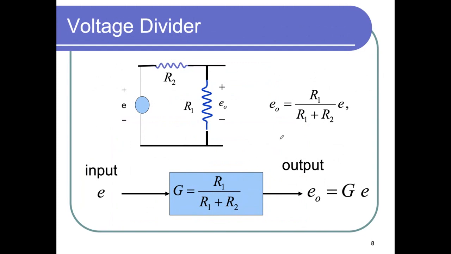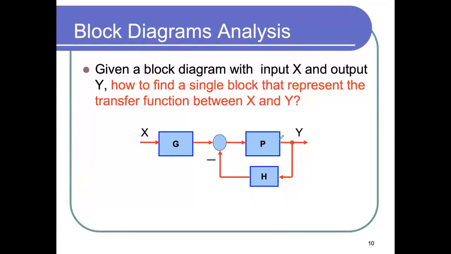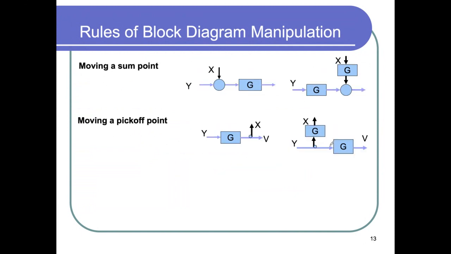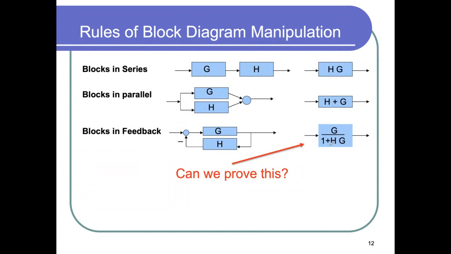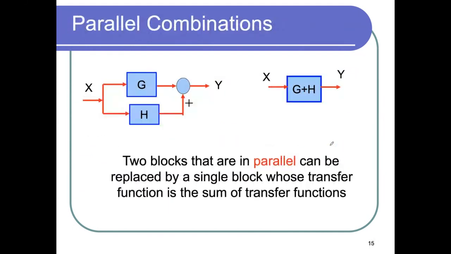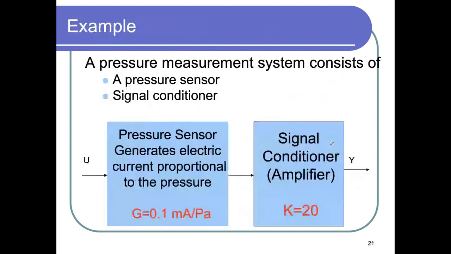So it is used to represent a linear relationship between input and output of a subsystem. So let the input be U, let the output be Y. Now, with that, the relationship between U and Y is represented by a rectangular block having a transfer function G. So again, what is a transfer function?